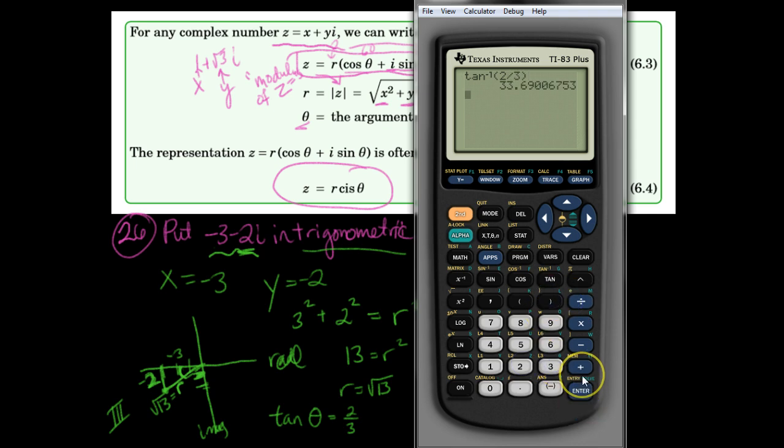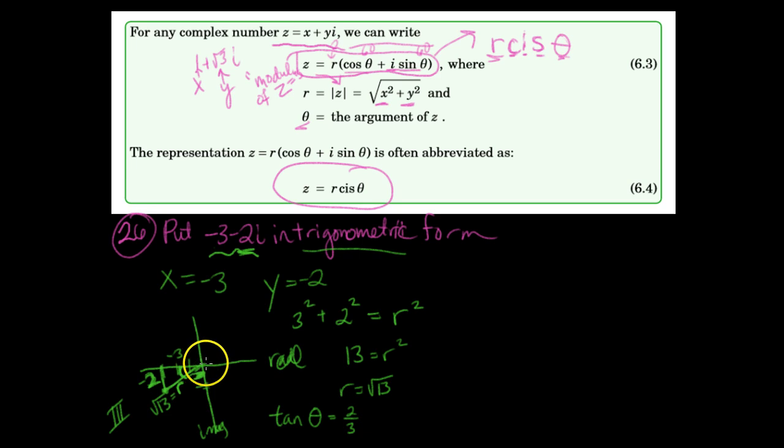Now I get 33.7 degrees. And as you can see, that's not going to be in the third quadrant. That's in the first quadrant. Because remember, by symmetry, 33.7. So we would also have a triangle with 2 and 3 here. So this angle is 33.7 degrees. So how would you find this angle? Well, we need to add 180 degrees.